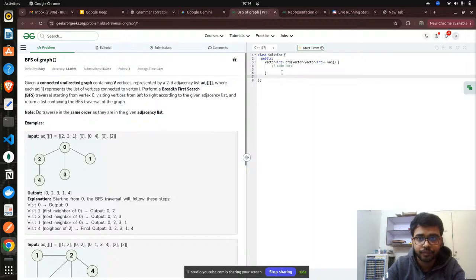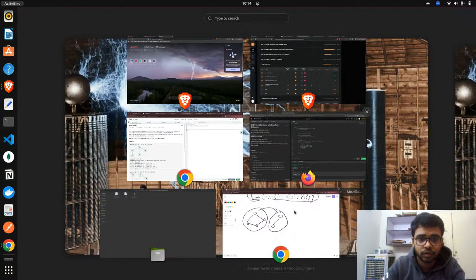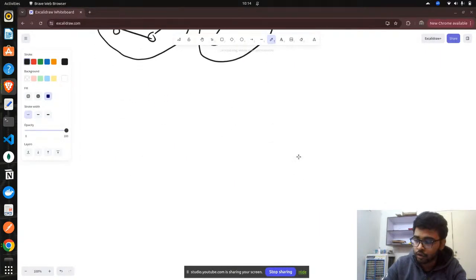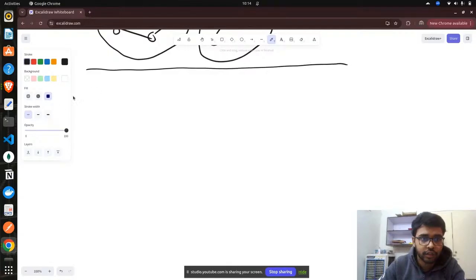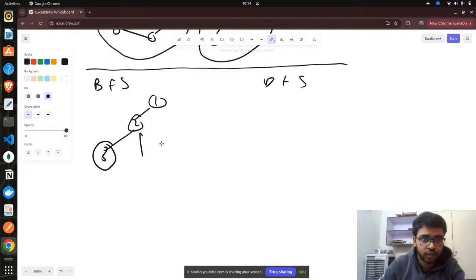To traverse a graph, we have two methods: the first one is BFS, and the other one is DFS. Like 1, 2, 3, 4, 5 and 6.